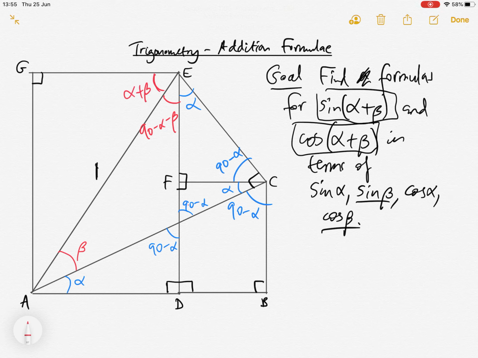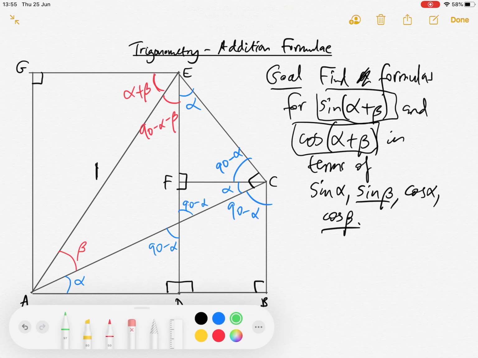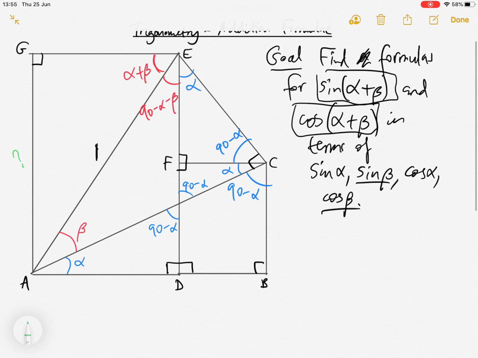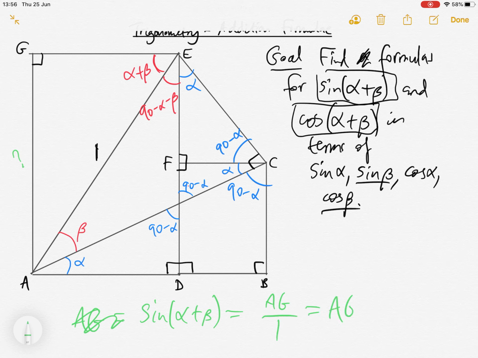So now if we think about the triangle AGE, say, then we've got a hypotenuse of 1. The angle at E is alpha plus beta. What is the opposite side, AG? Well, sine alpha plus beta is AG over the hypotenuse, which is 1, so that's just AG.